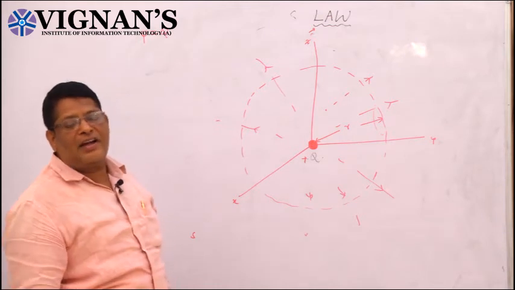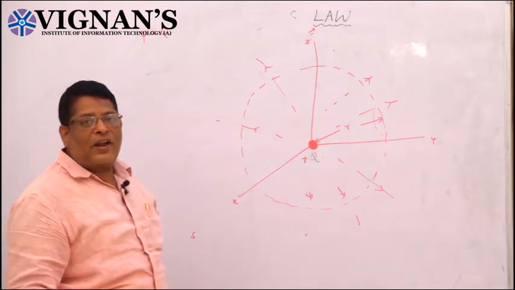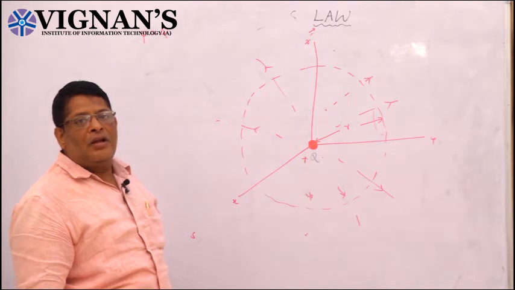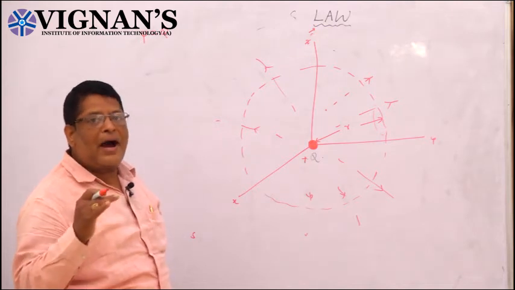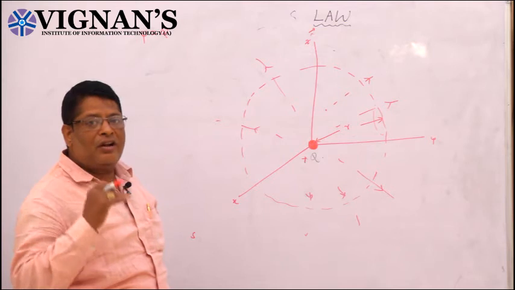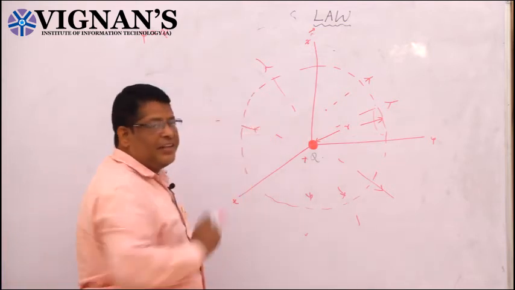Already we defined the flux density. The flux density is nothing but the total flux passing through the surface area divided by the total surface area.